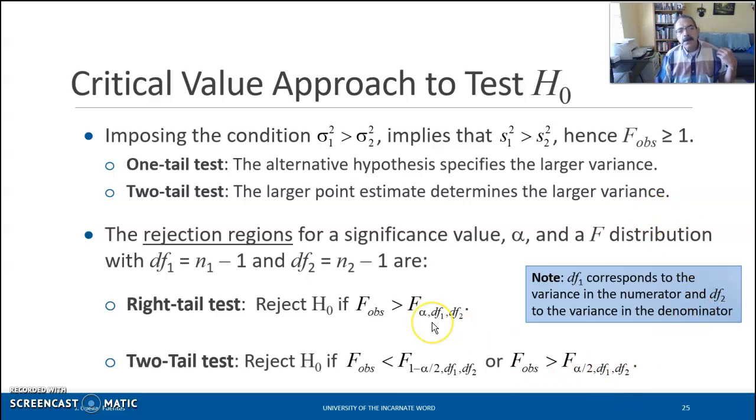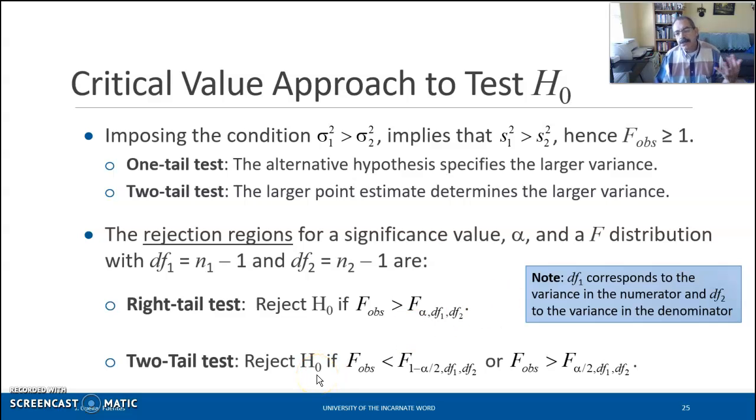All right, so the rejection regions for a value of alpha and an F distribution with degrees of freedom 1 and degrees of freedom 2. If you have a right tail test, the rejection region is if the F observed value is larger than the F value for alpha with the corresponding degrees of freedom.